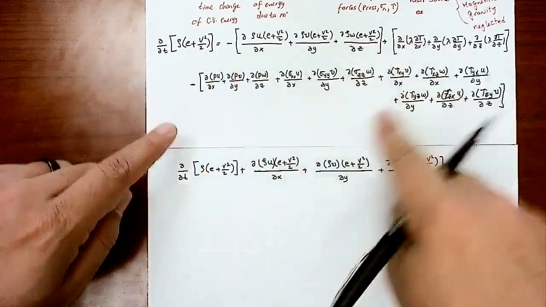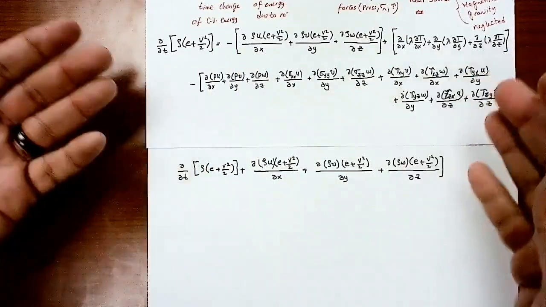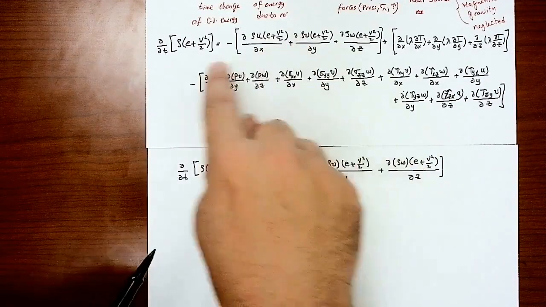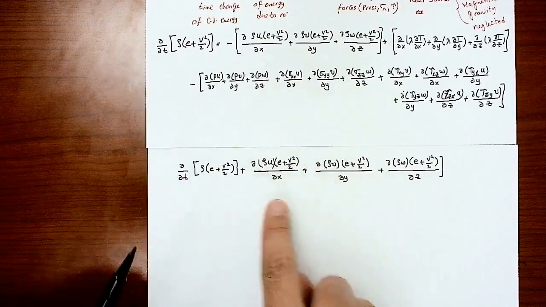Remember, each one of these terms is multiplied by dx, dy, dz, which makes it cancel out of the whole equation. So I'm just bringing that term to the left-hand side, so it becomes positive.